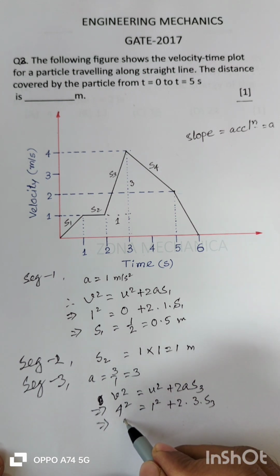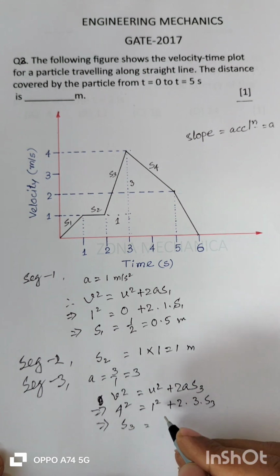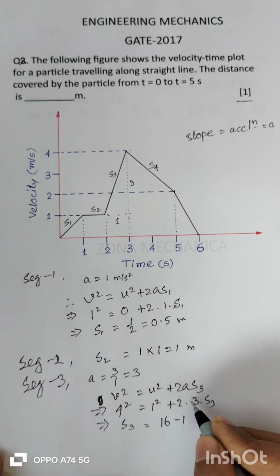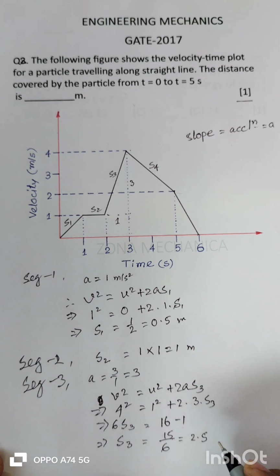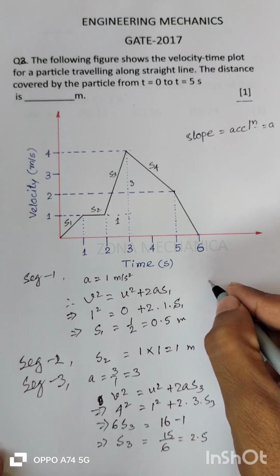So from here s3 is equal to 16 minus 1, which is 15, over 6, so s3 will be equal to 15 by 6, that is 2.5, right?